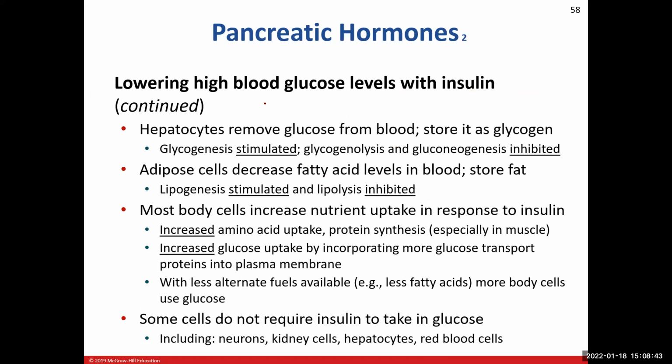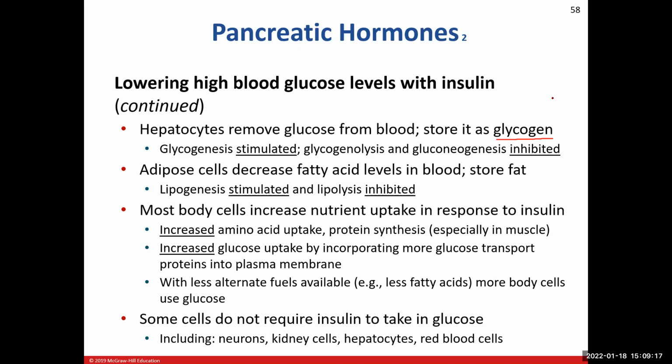All right, so let's talk about specific cells throughout the body that insulin is going to affect because of these high blood glucose levels. So the liver is going to take that glucose from the blood, and guess what? It's going to store it as glycogen. Remember, glycogen is the stored form of glucose. So all the way up to this point, we were talking about how we haven't been storing glucose. In fact, we're trying to get glucose into the bloodstream.